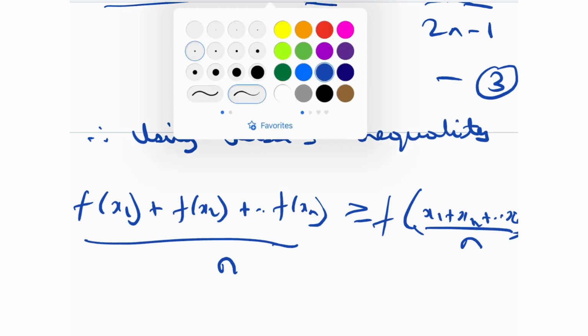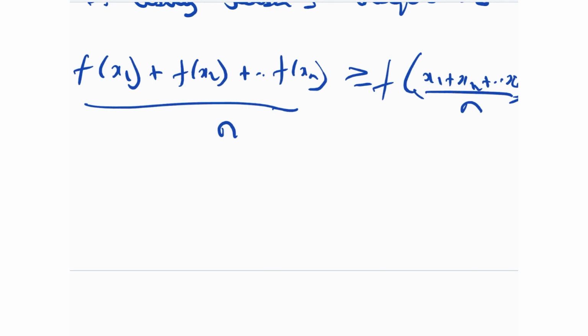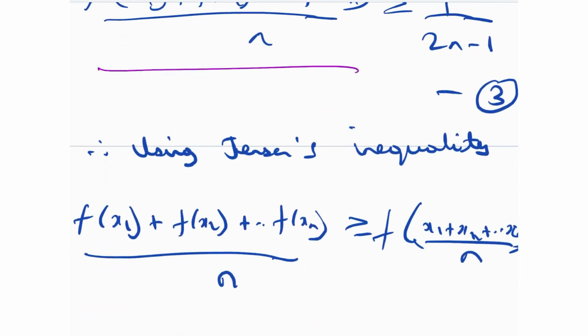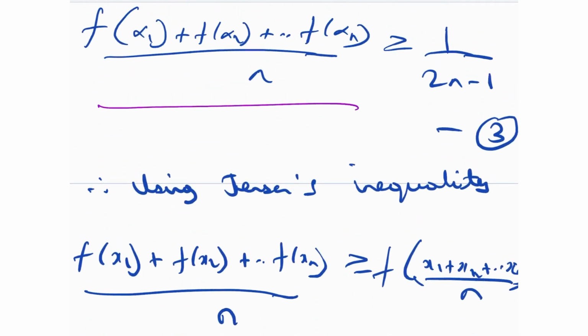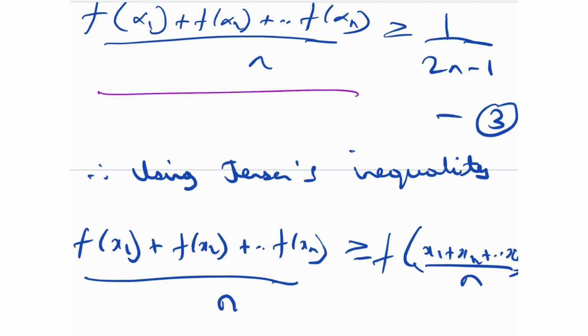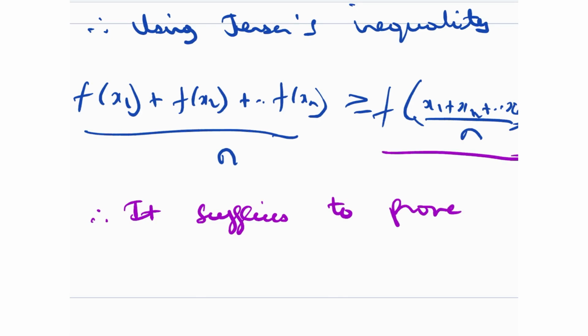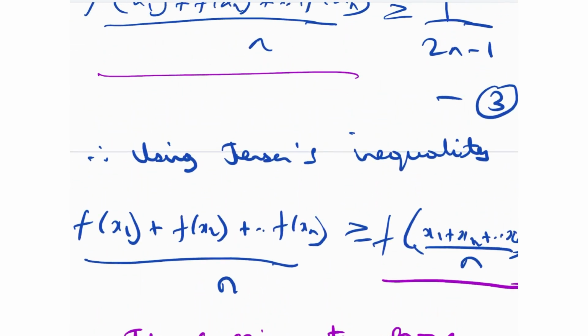Okay, awesome. So this entire thing on the left hand side is what we have on the left hand side over here as well. Since this left hand side is greater than or equal to the function of the mean, it suffices to prove that this quantity is greater than or equal to 1 by 2n minus 1.